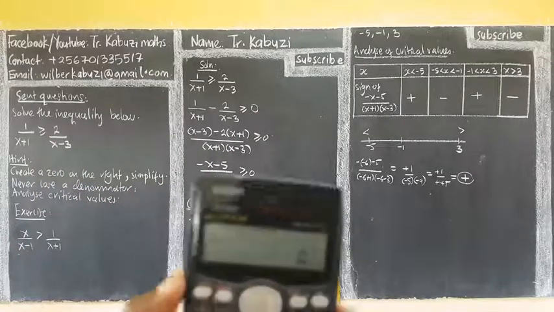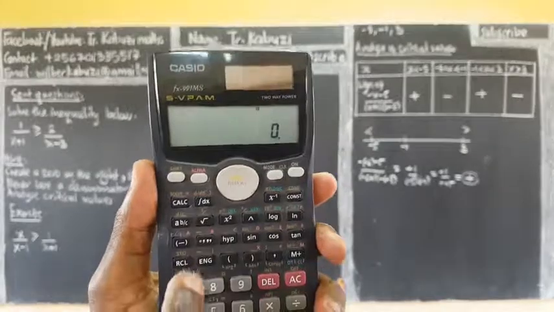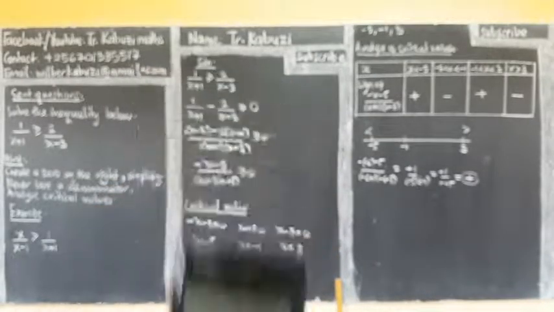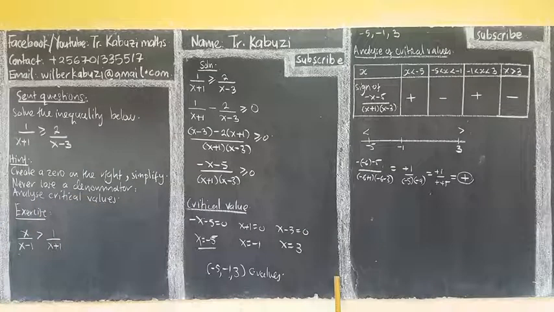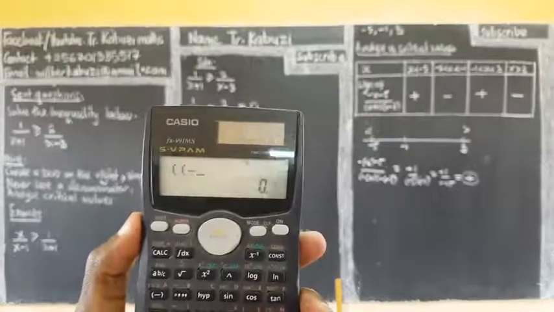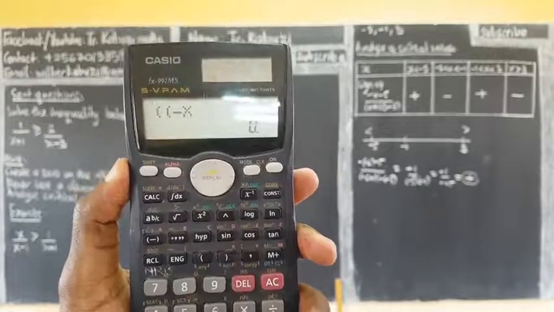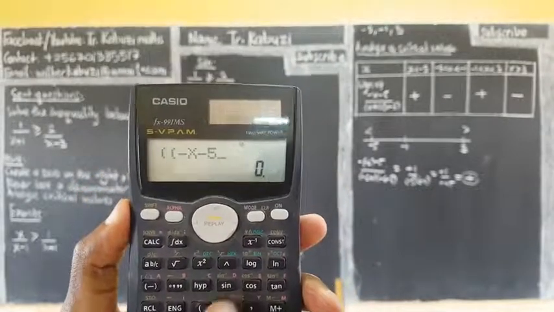So, to put it in a calculator, you come here, you open this fraction. Then you open again, because now I'm going to put in my numerator. It's negative x. To press that x, you press alpha, then you press this value, then negative 5. Then I cross.